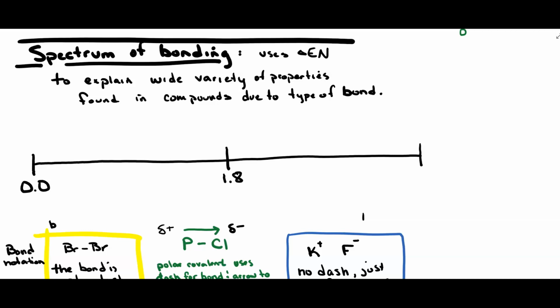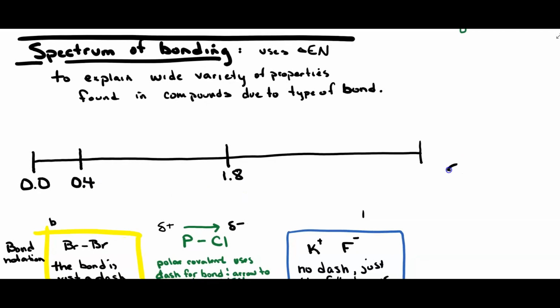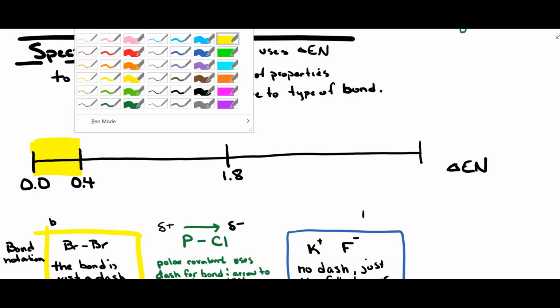When we talked about small differences in electronegativity, we talked about that being an indicator of covalent bonding, where electrons are being shared equally. And we're going to have a cutoff at an electronegativity difference of about 0.4, and this area would indicate the area where you have pure covalent bonding.